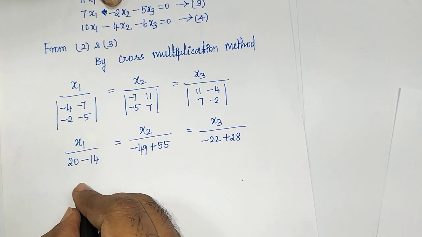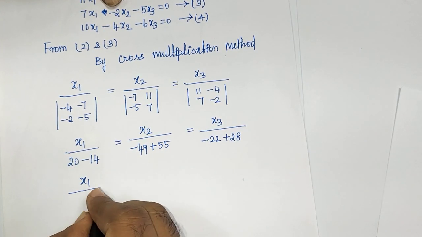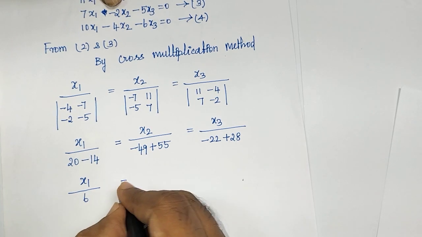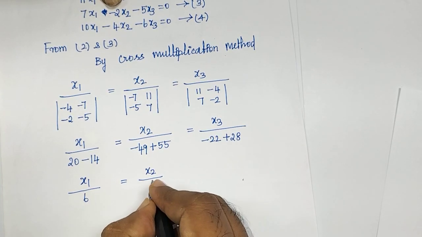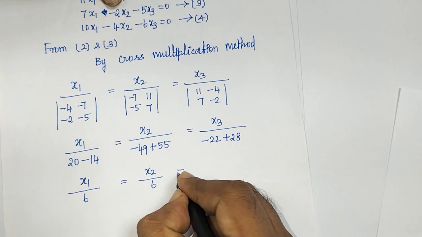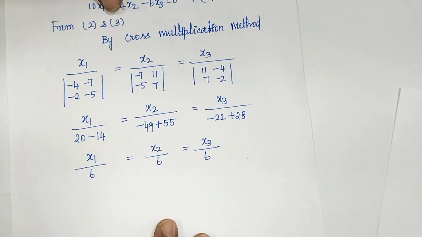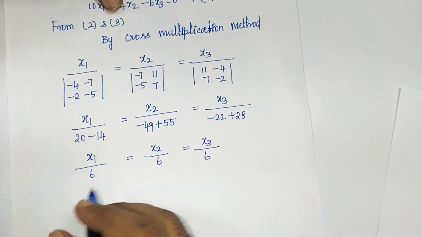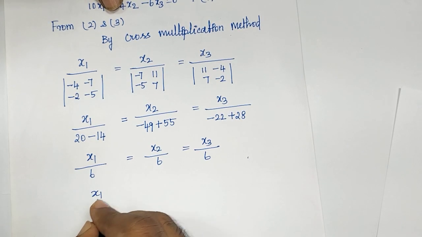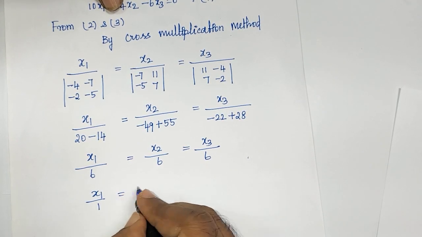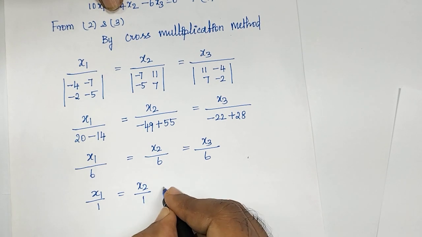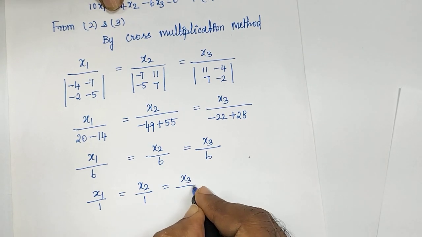So I'm writing x1 divided by 6 and x2 divided by 6 and x3 divided by 6. Here commonly we can divide by 6. I'll get x1 divided by 1, x2 divided by 1 and x3 divided by 1.